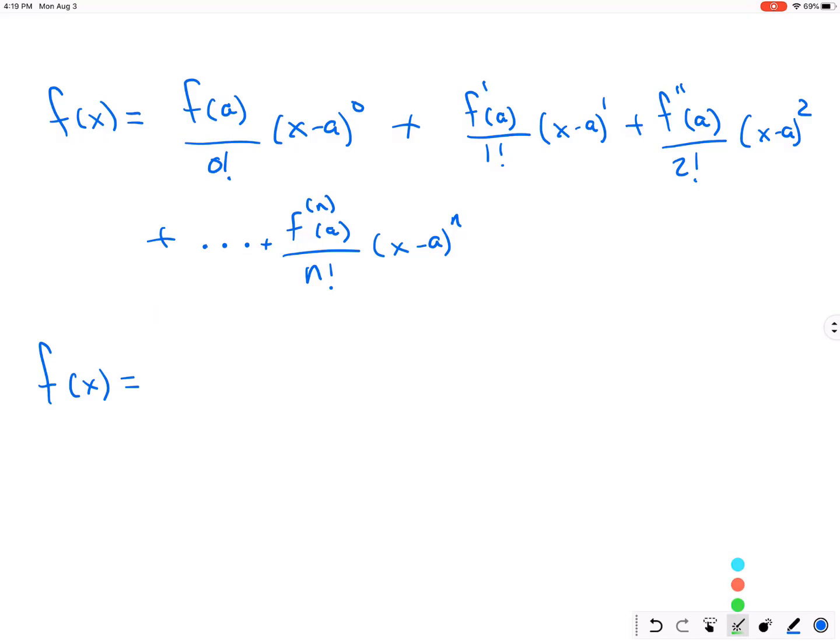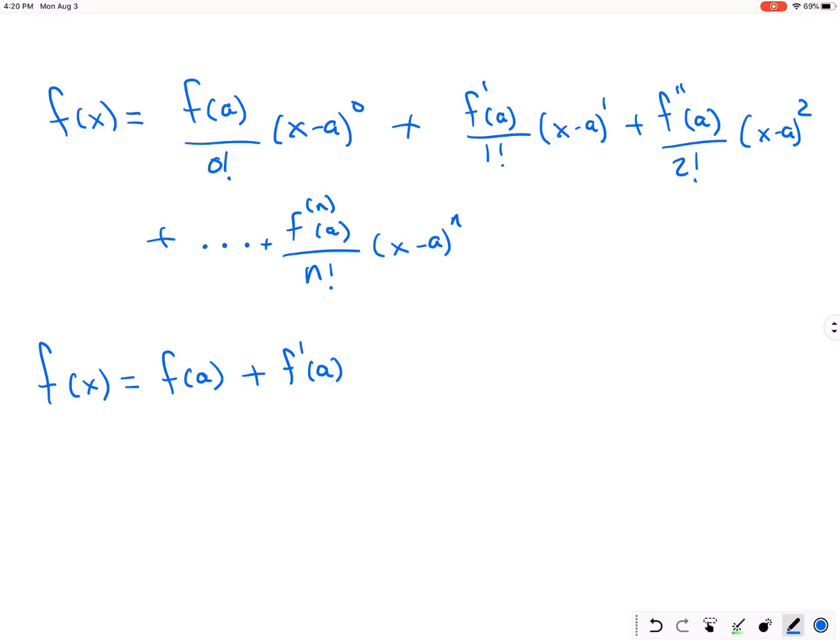And usually we don't write it this way, we simplify it a little bit. So we would say that 0 factorial by definition is equal to 1, and x minus a raised to the 0 is equal to 1. So that first term would just be f evaluated at a divided by 1 times 1, so just f evaluated at a.